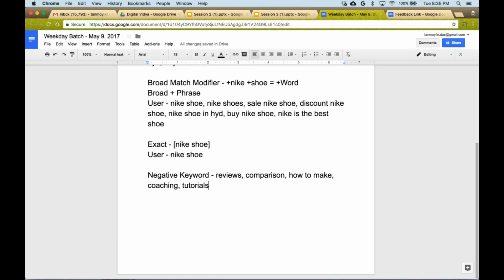Exactly. We need to have proper approvals even for your ads. We're just talking about keywords out here. Even in your ads, you cannot use brand names like Nike, Adidas, or any of them until you have an approval. Ruchira, you're absolutely right.